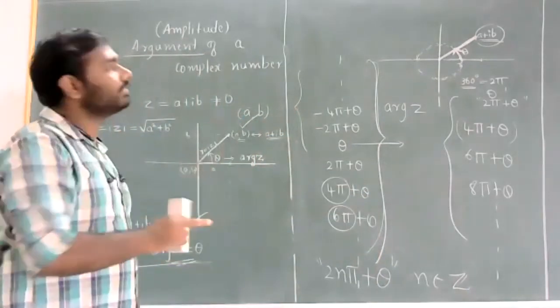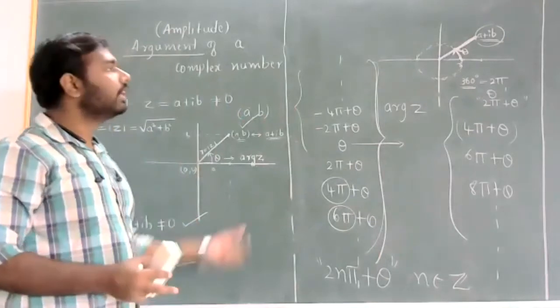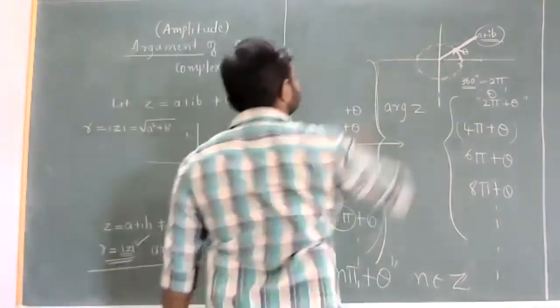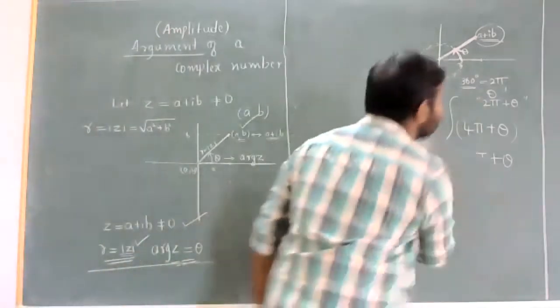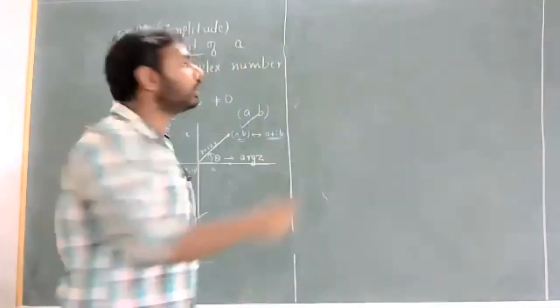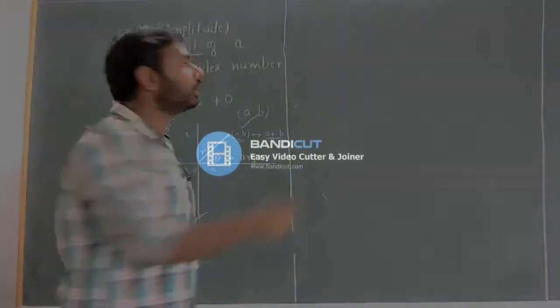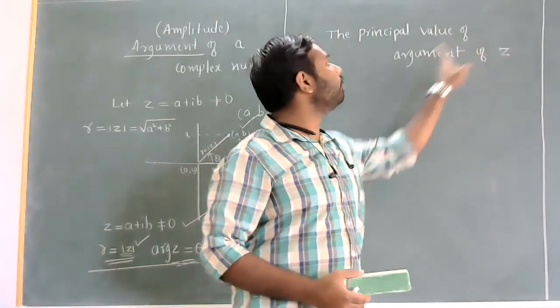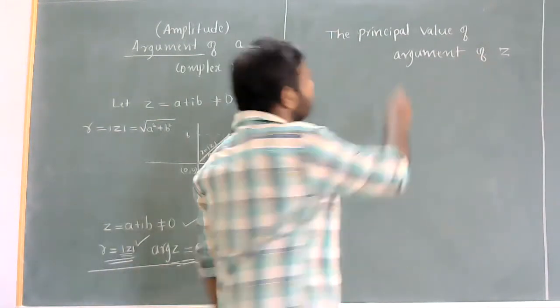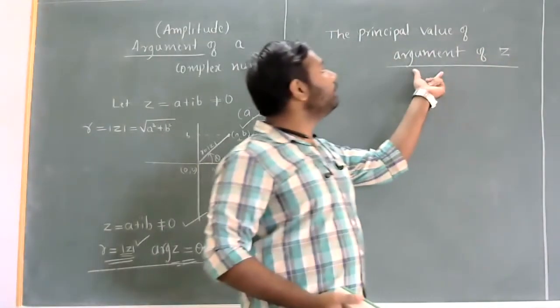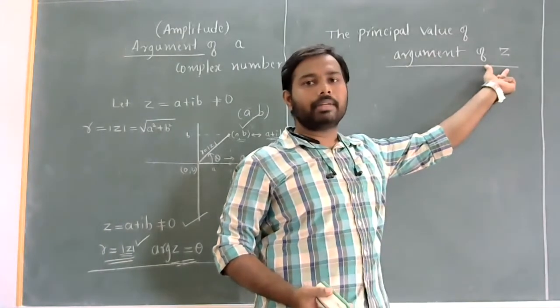Among these values, I need a unique one for calculation purposes. For that, we will consider the principal value of the argument of Z. So as we've seen, we have infinitely many argument values for a complex number.